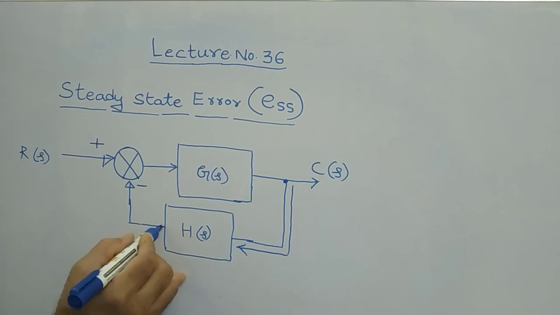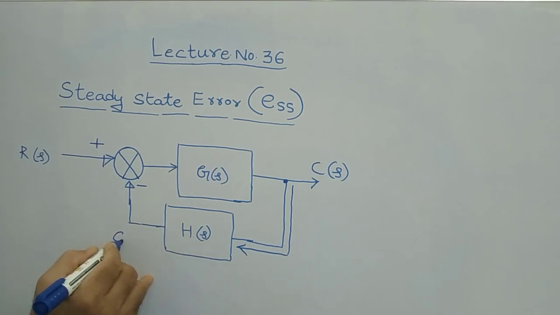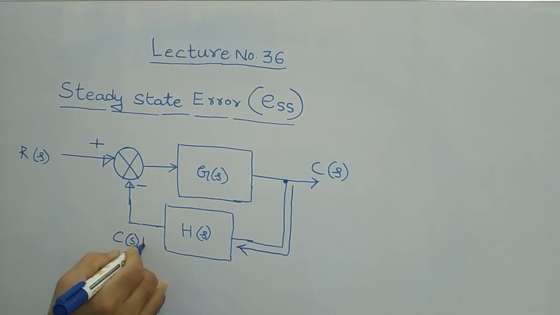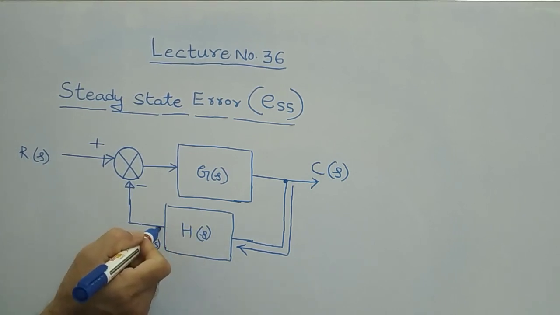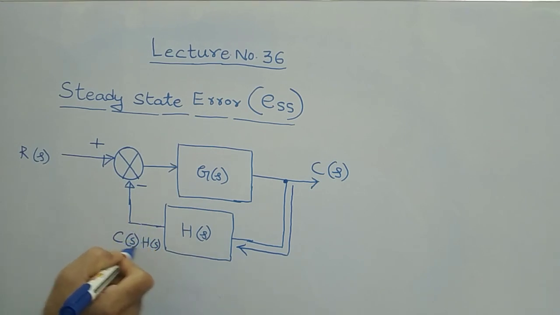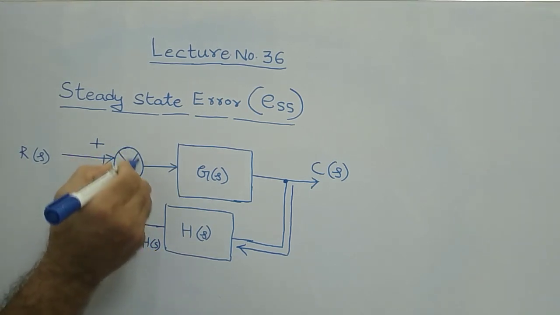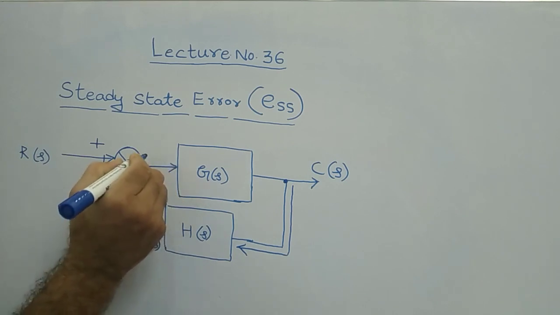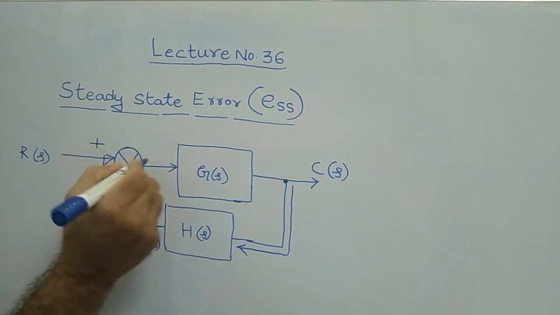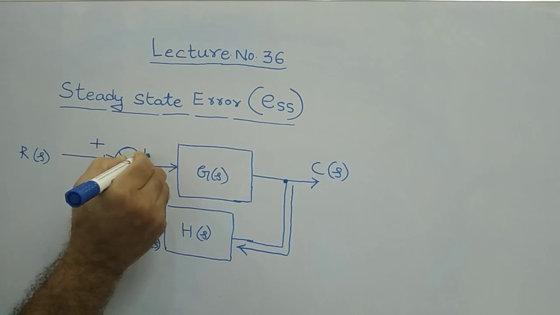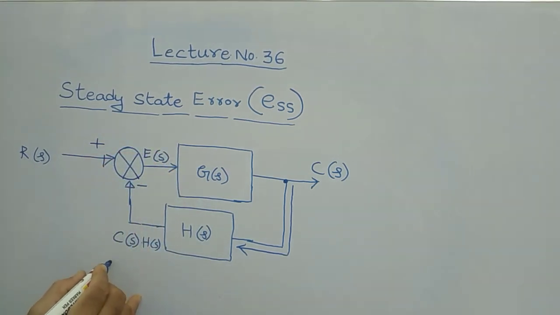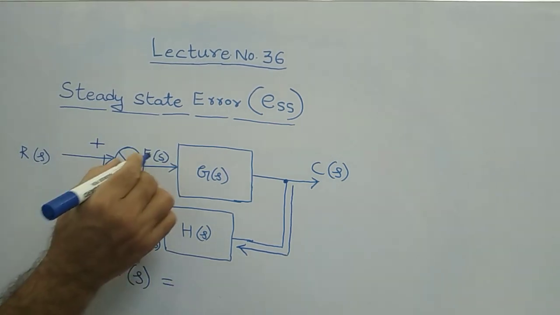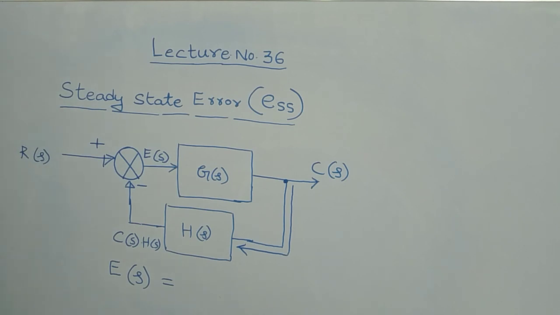Now what is the output after H of S? It is C of S into H of S, that is the product. This much quantity we are giving here. Now this is the difference signal. The output of this summing point is called E of S, the error signal or difference signal.